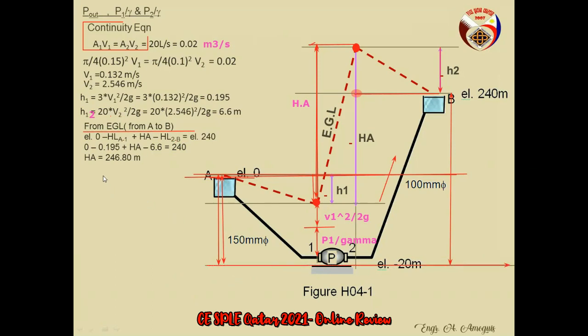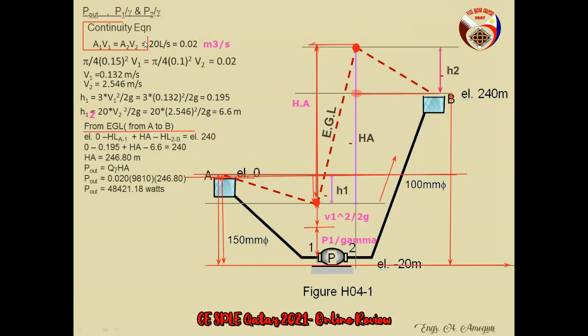Okay? So, since meron na akong head added, so meron akong Q, I can solve the power output ng pump. Q gamma head added, so that is power output. Q is 0.02, 9810, 246.8 ang head added, then the power is 48,421 watts. Divide 1,000 kilowatts, or divide mo ng anong conversion para maging horsepower? 1 horsepower is 746 watts.